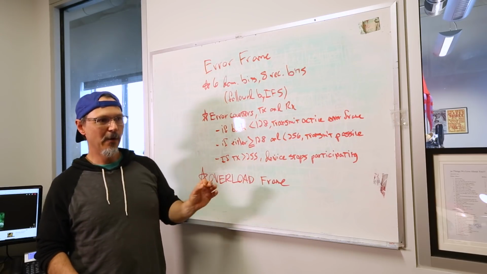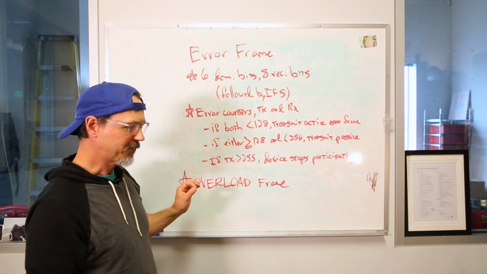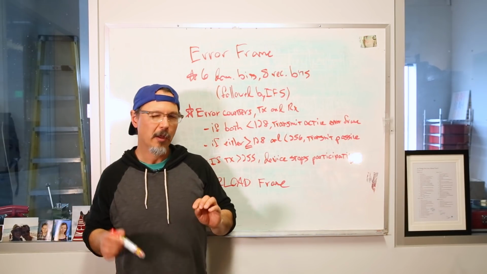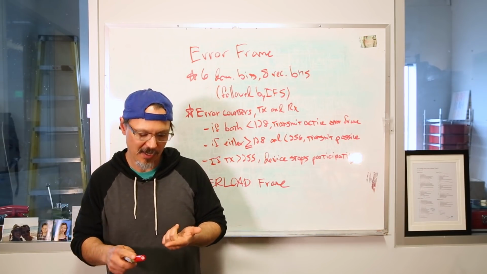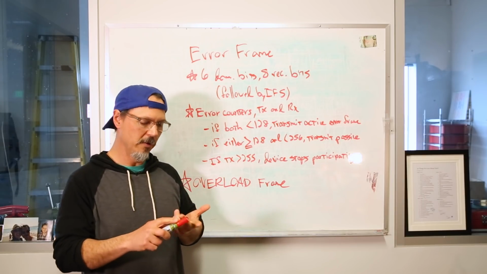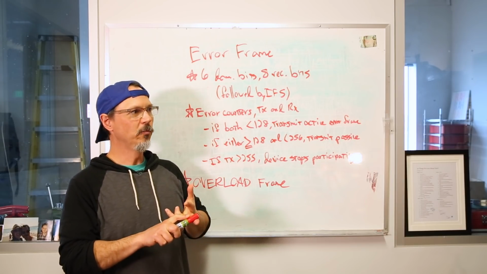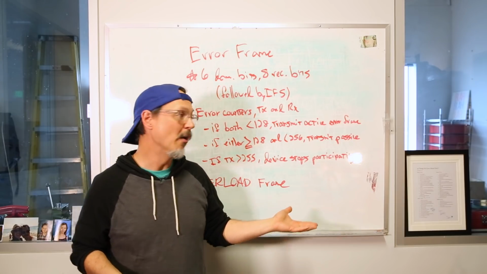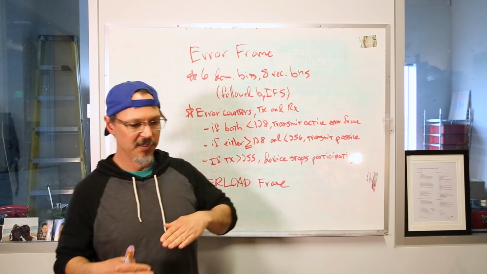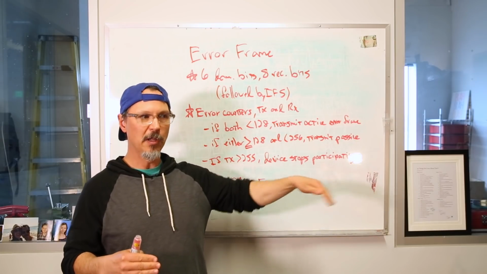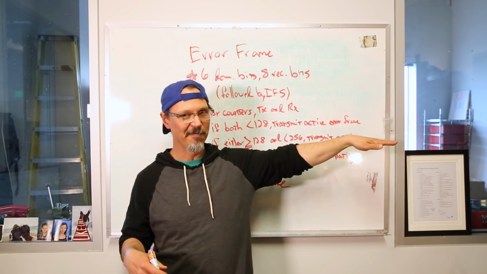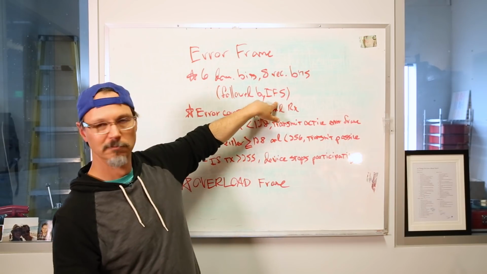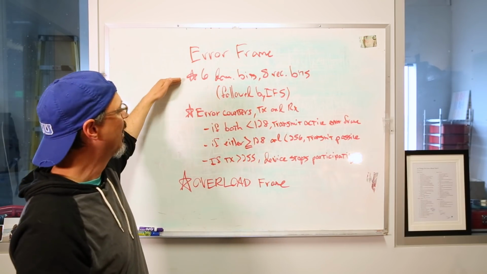Now, what an error frame is: when any given node hears something that's either a receive error or a transmit error, it will start transmitting what is called an error frame. And what it is is 6 dominant bits followed by 8 recessive bits followed by the interframe spacing, the 3 bits there, okay?